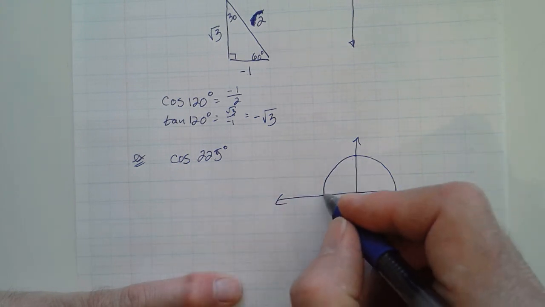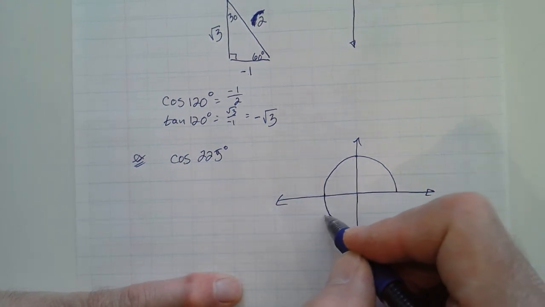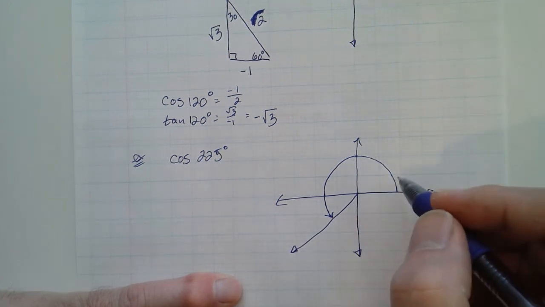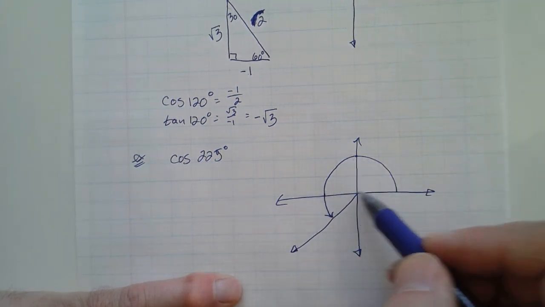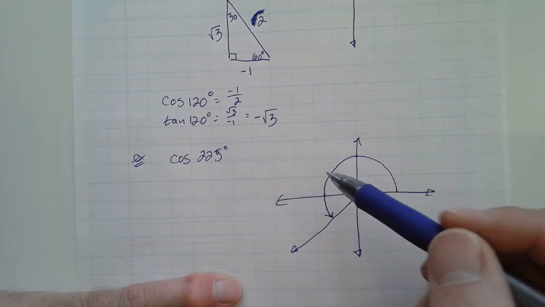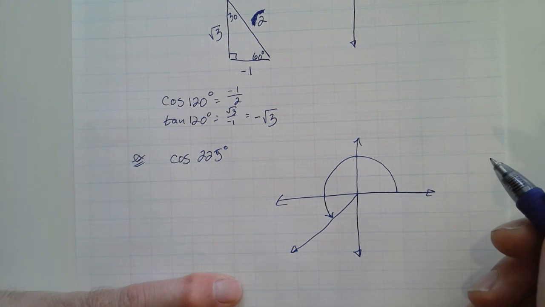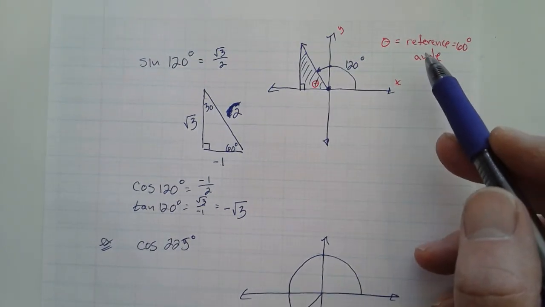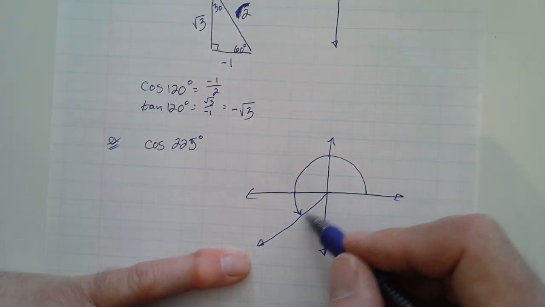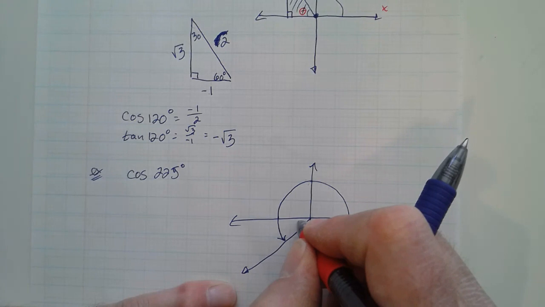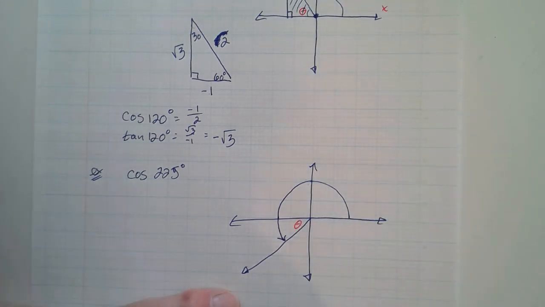We have 45 left, so right there, that's my angle. 180 plus 45 gets you 225. So there's my angle. Now, remember, a reference angle is the angle it makes with the x-axis. So here is my reference angle, right there.